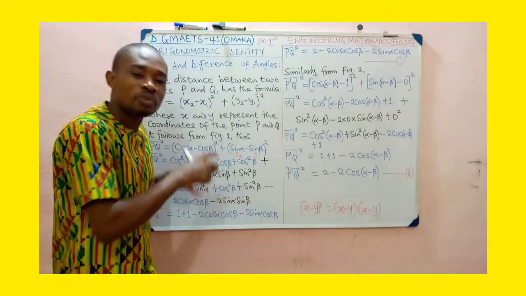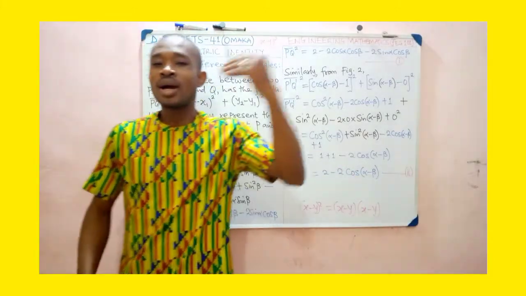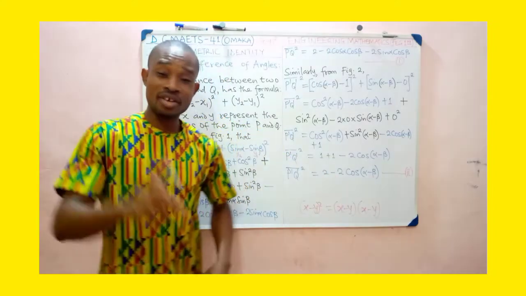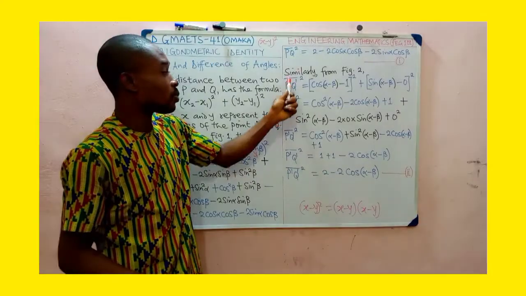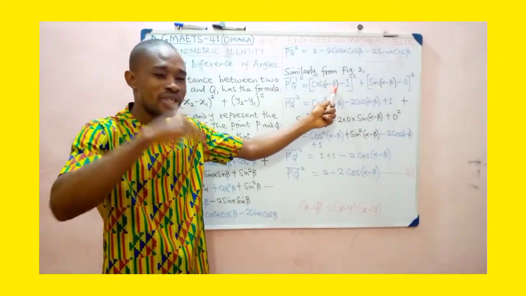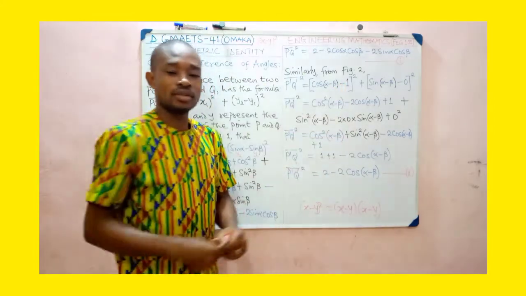We would apply the same principle, the same formula, distance between 2 points, to arc length P prime Q prime of figure 2. And you know their coordinates already. So if you substitute, P prime Q prime squared is going to be cos alpha minus beta minus 1 all squared.